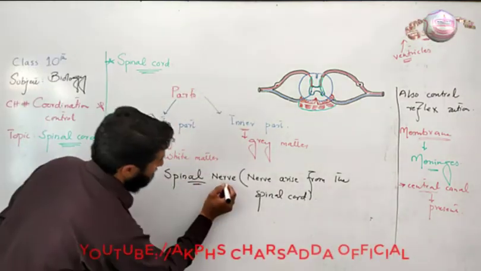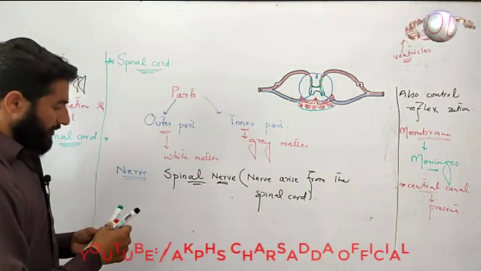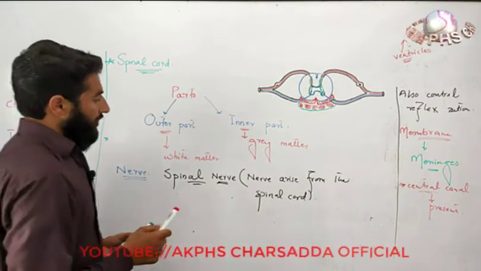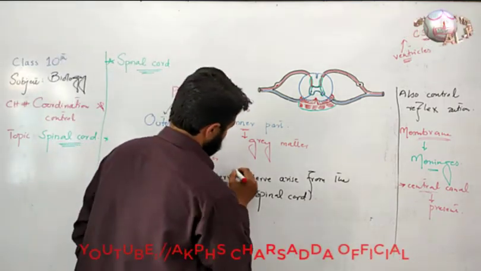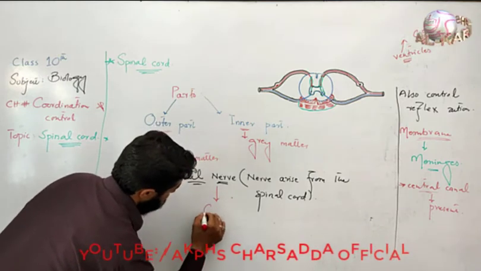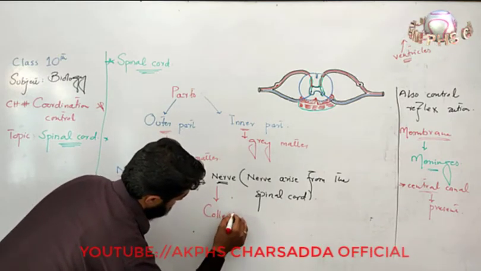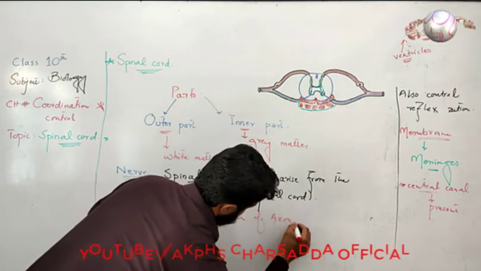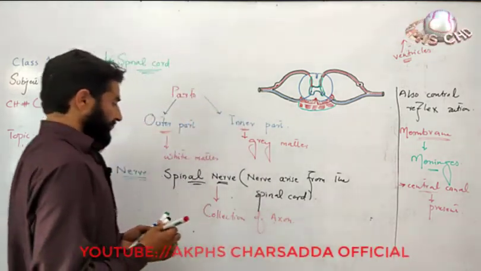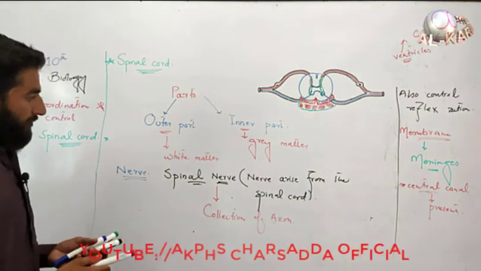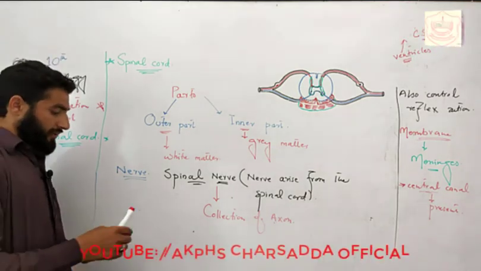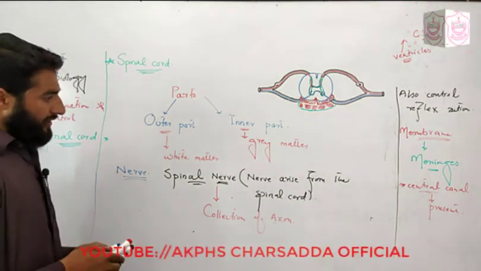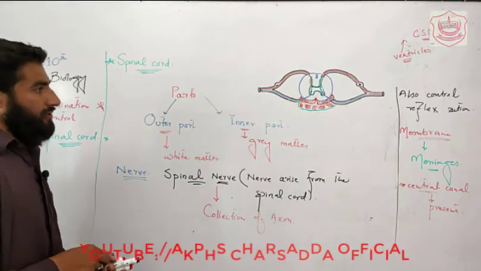Okay, what is a nerve? Collection of only axons is called what? Nerve. Collection of axons is called nerve. So the nerves arising from the spinal cord are called spinal nerves. Just like that, the nerves arising from the cranium are called cranial nerves.